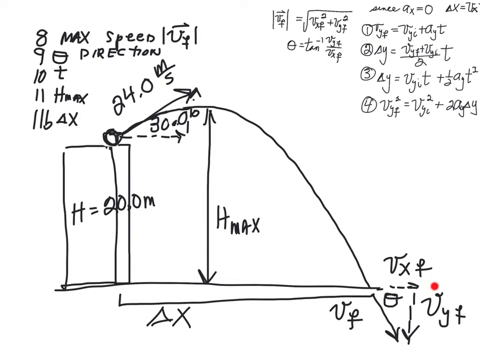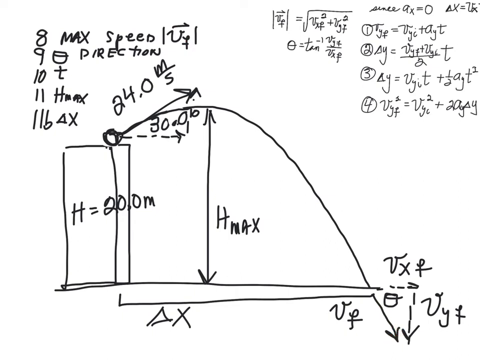And then as it comes down, the y component is growing. So when it gets to this point, it's going to be going down at a 30-degree angle with the same speed that it has here, but then it's going to go faster and faster. So I think it's obvious the maximum speed is going to be down here. And so the maximum speed will be the magnitude of the final velocity.